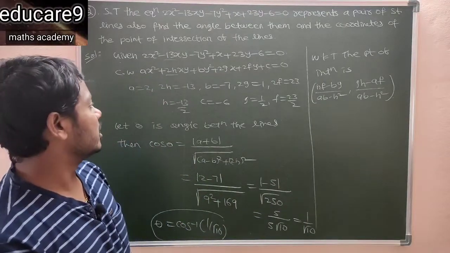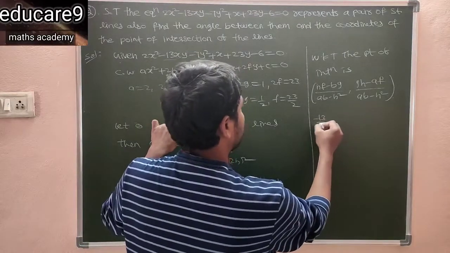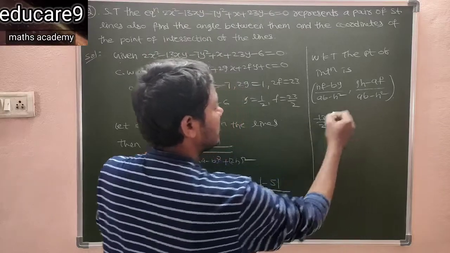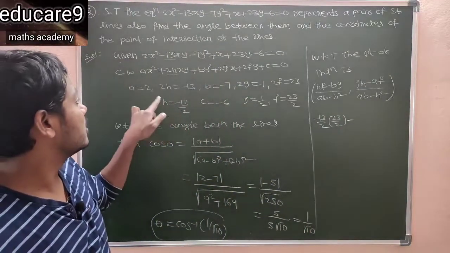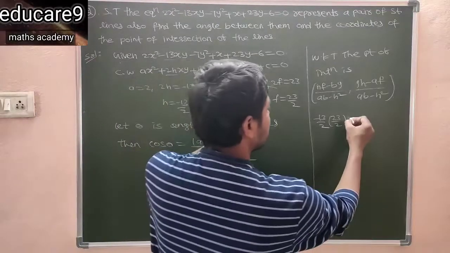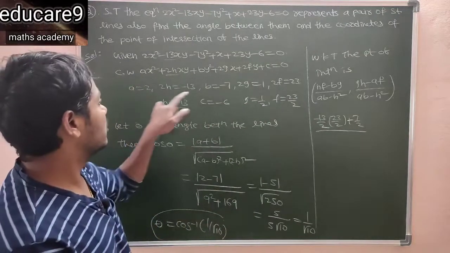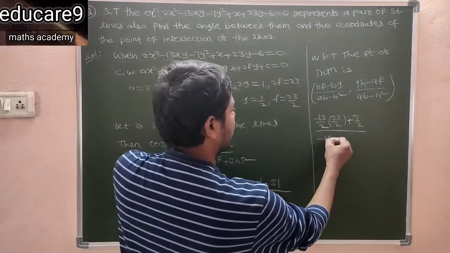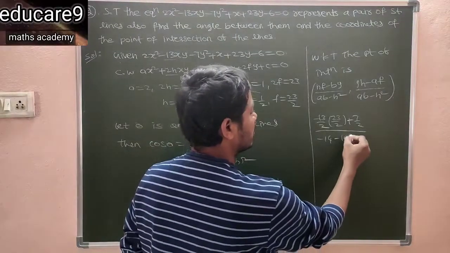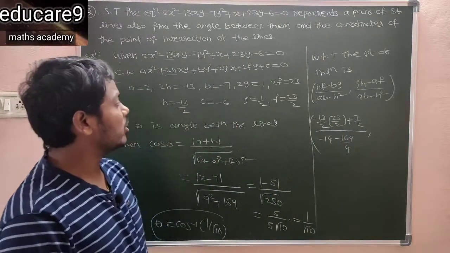So see here, h into f: minus 13 by 2 into f value, 23 by 2, minus bg. So b value is minus 7 into g, that is plus 7 by 2, divided by ab, 2 into minus 7, minus 14, minus h square, that is 169 by 4, comma g into h.